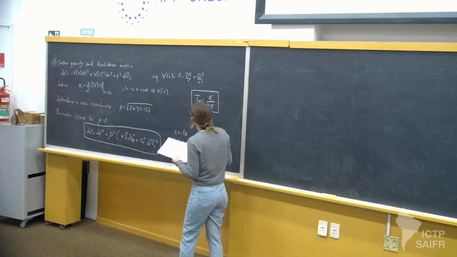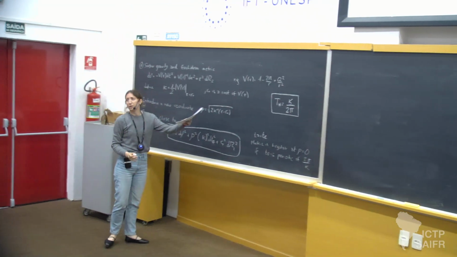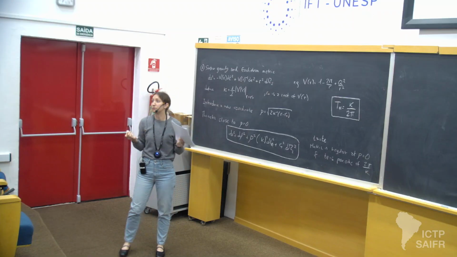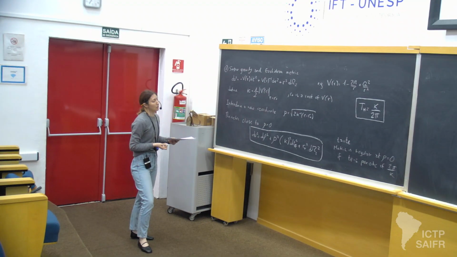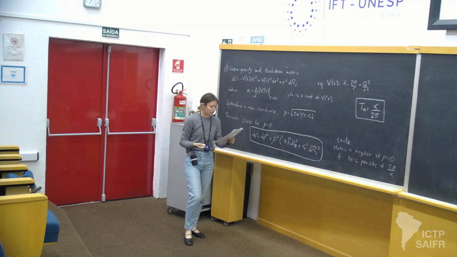In general, the periodicity of the Euclidean time is related to the temperature of your system. This is a relation that you find, for instance, when you study condensed matter, or when you study the Euclidean path integral.